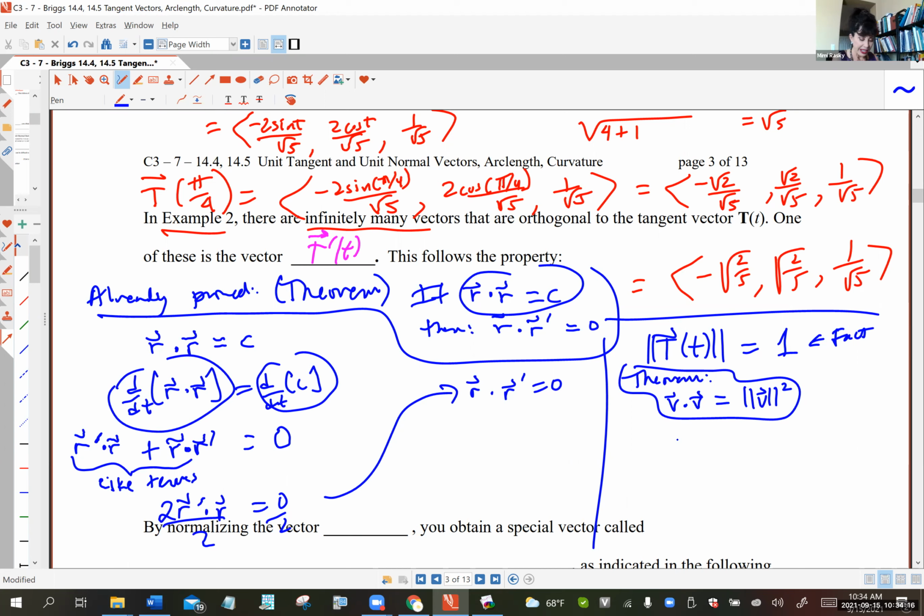So here's the deal. If you look at unit tangent vector dot product with itself, by this theorem right here, that is going to be equal to the unit tangent vector's magnitude squared. But we already know that the unit tangent vector's magnitude is 1, and 1 squared is just 1. And this is indeed a constant. So what do we have?